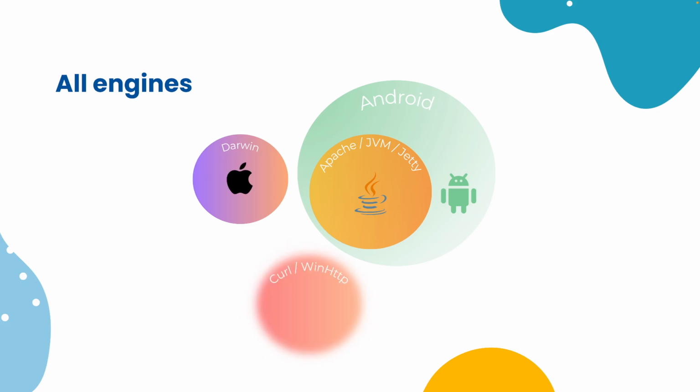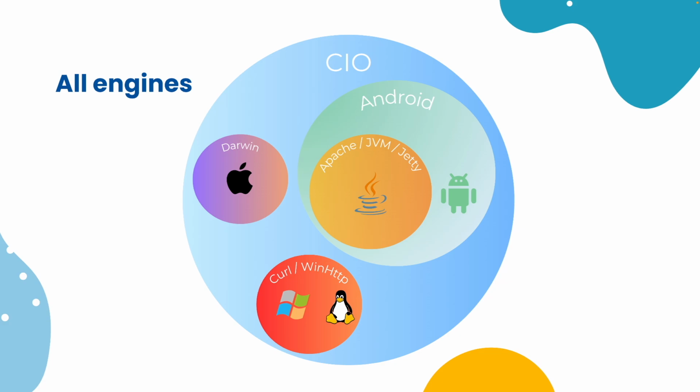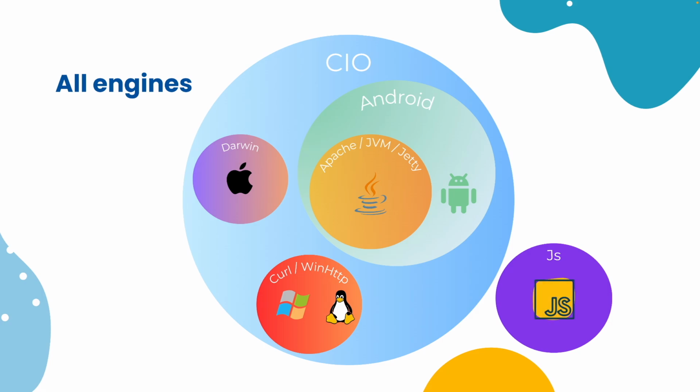The Curl and WinHttp engines are compatible with desktop platforms. And finally, all of these platforms can use CIO as their engine. And last but not least, we have the JS engine, which is, surprise, surprise, only suitable for JavaScript. It's unique in its own way, so we cannot use CIO when building for the web.